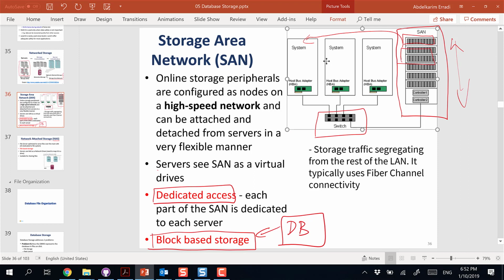For us as developers, those files are a black box, and you can't even get to them. So what I mean here: the SAN, as I mentioned before, is block-based storage. You allocate some storage space to the database, and the database manages it, not the operating system, not us as developers.